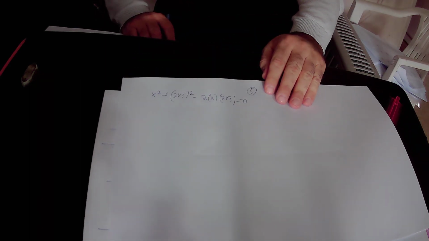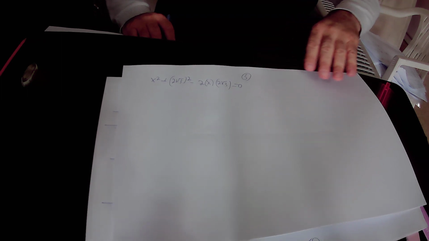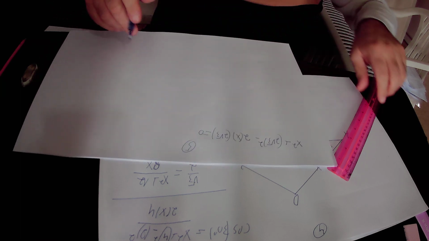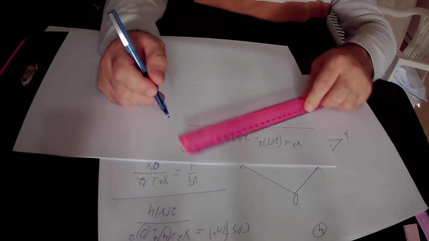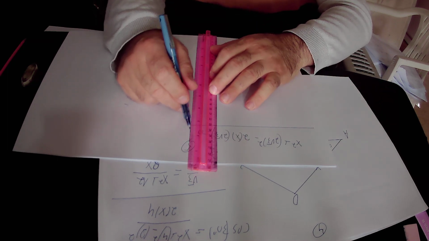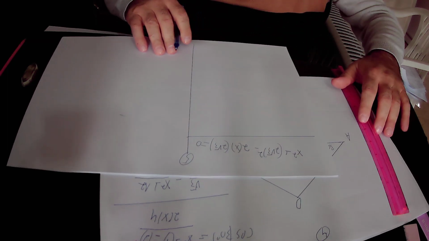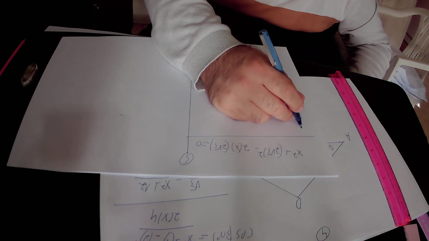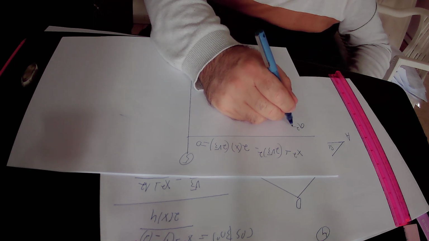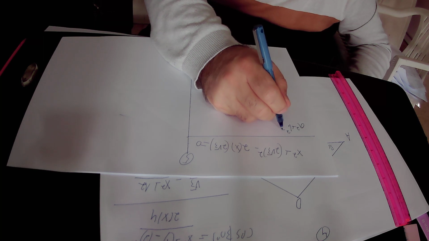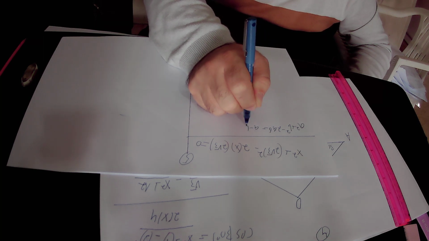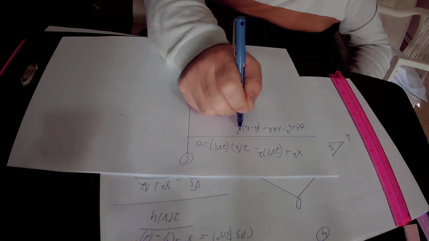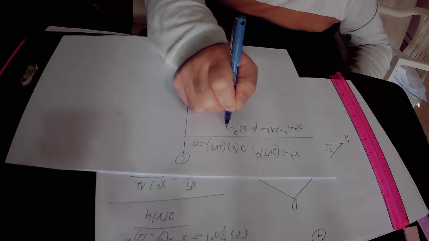Actually, this expression is very similar to the algebraic identity that states that a squared plus b squared minus 2ab equals (a minus b) squared, that equals 0.